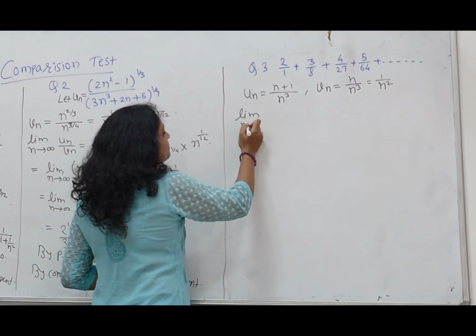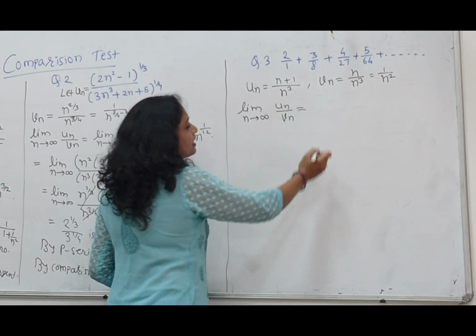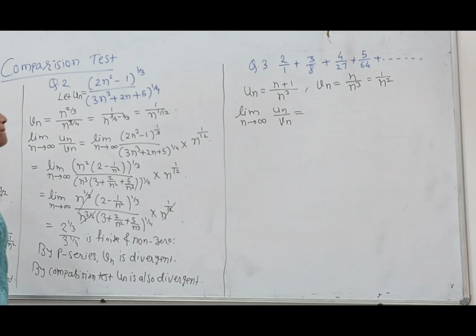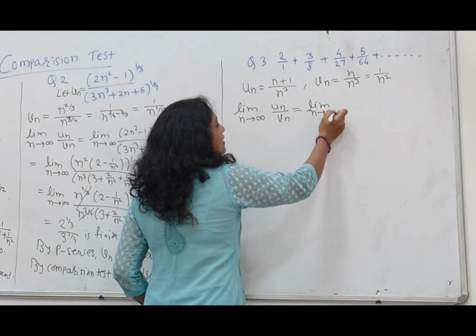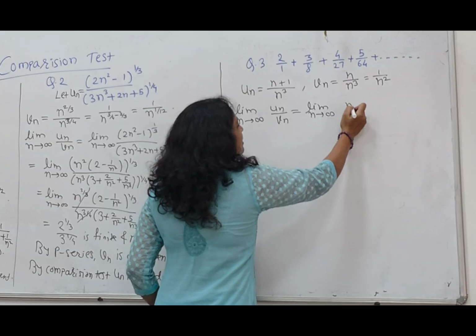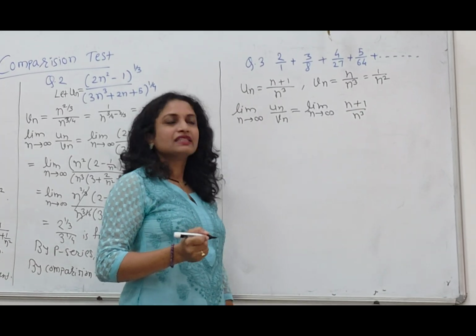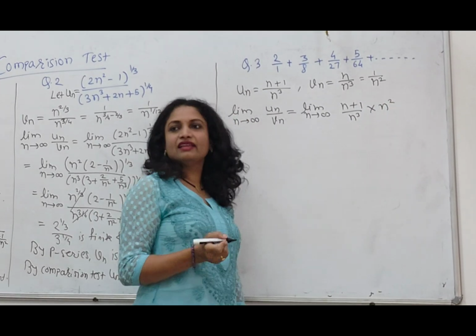Limit of n tends to infinity Un upon Bn is equal to, what will it be? Limit of n tends to infinity n plus 1 upon n cube into n square. So this is very easy in this case.